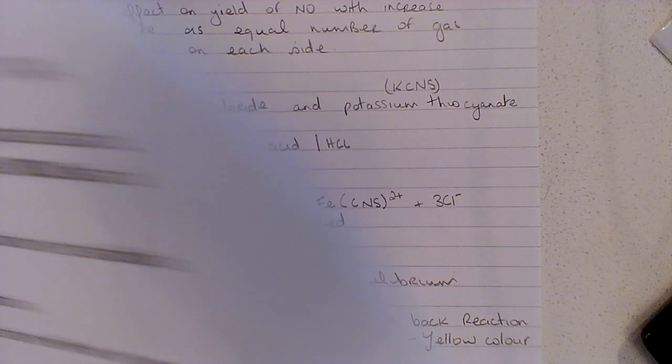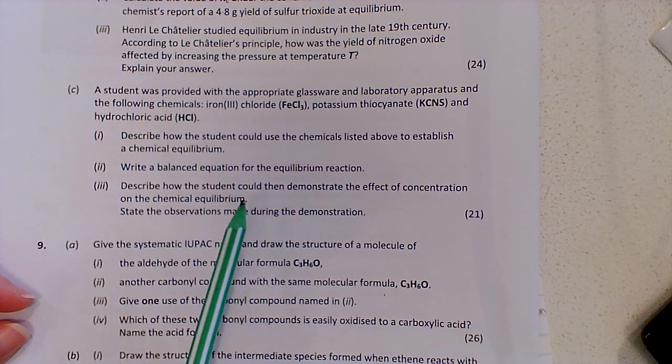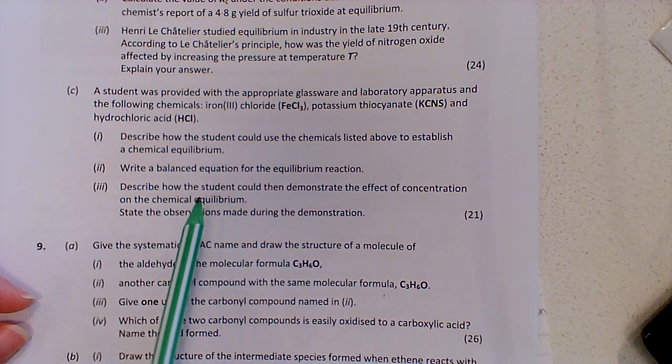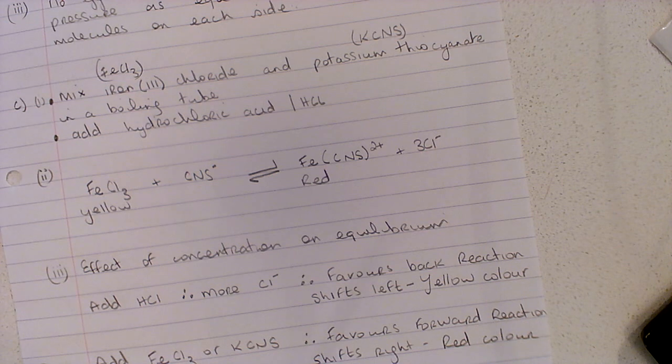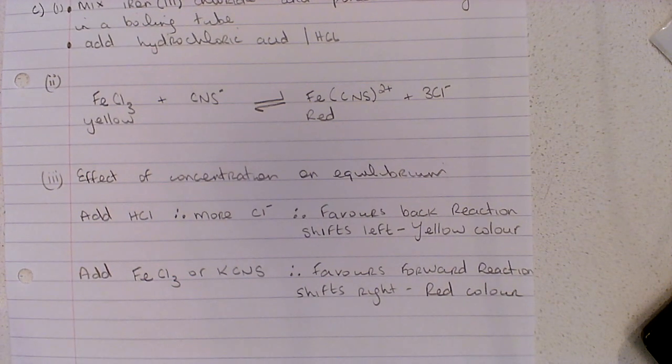Part 3, we're asked, describe how the student could then demonstrate the effect of concentration on the chemical equilibrium. State the observations made during the demonstration. So let's take a look at the effect of concentration in this equilibrium.